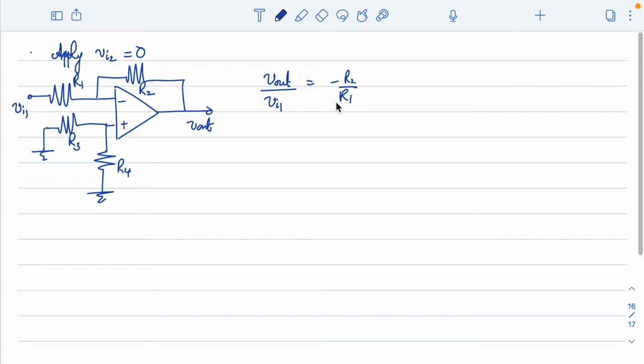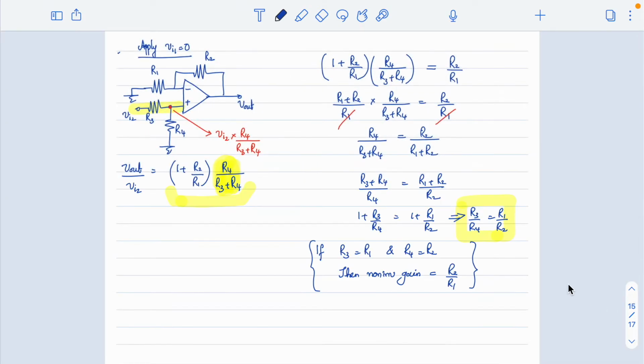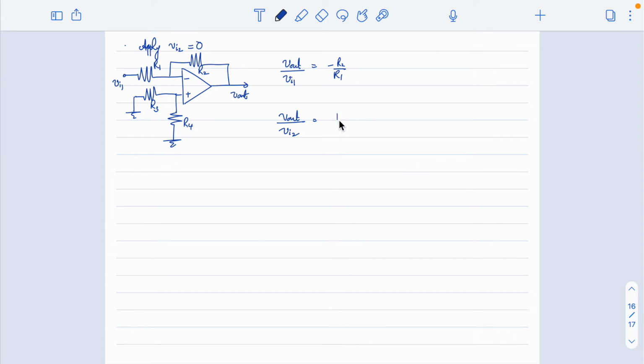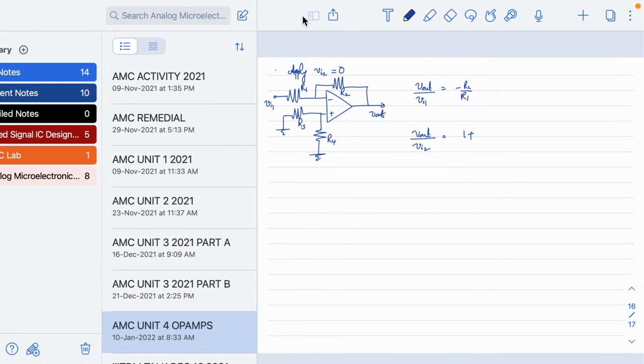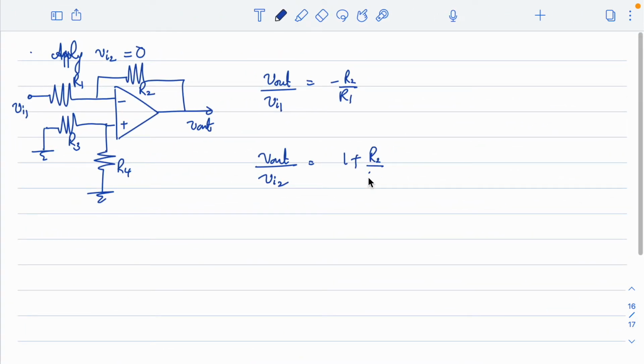Right, and in the previous case I can write Vout by Vi2 is equal to 1 plus R2 by R1 into R4 by R3 plus R4. Now what is the condition we have to do? R3 should be made equal to R1, and if R3 equals R1 and R4 equals R2, what happens to this gain?